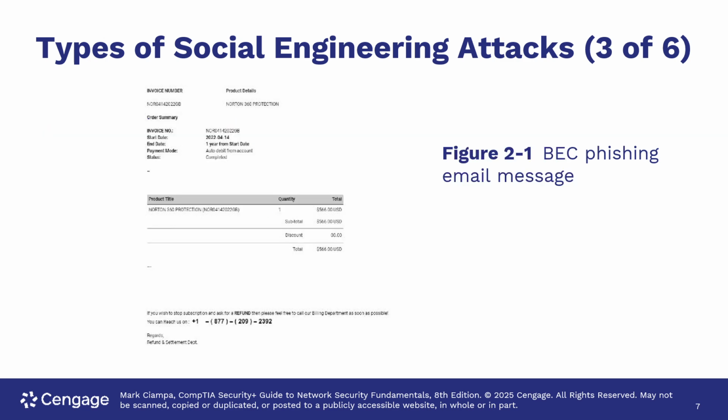So here's an example of a BEC phishing email message. You see you have an invoice, looks like a legitimate invoice, generated date, looks like Norton 360 protection, and they have a very big amount here.